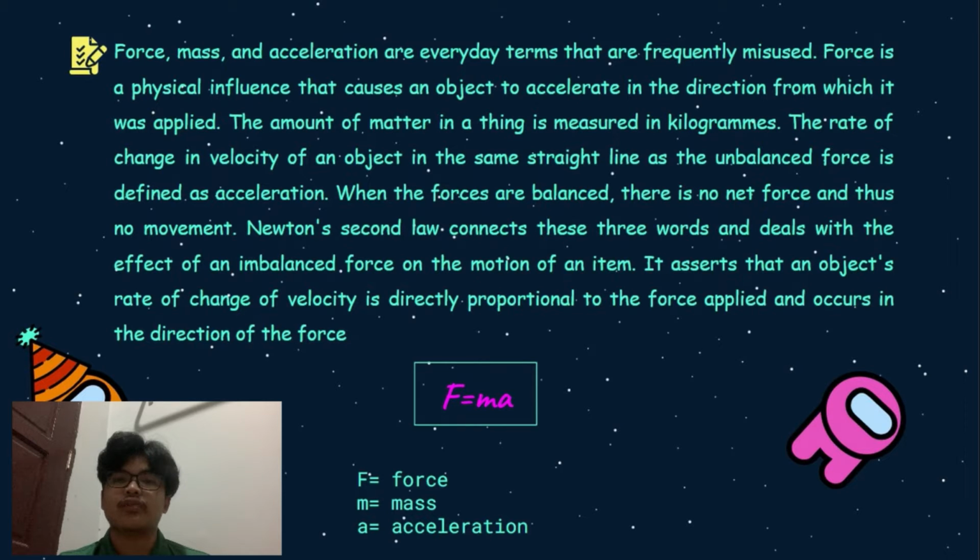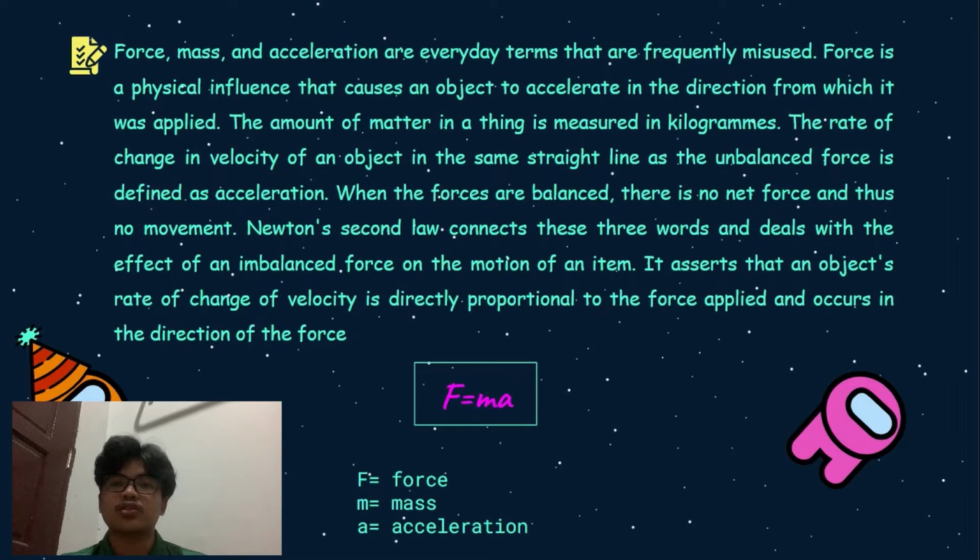The amount of matter in a thing is measured in kilograms, while the rate of change in velocity of an object in the same straight line as the unbalanced force is defined as acceleration. When the forces are balanced, there is no net force and thus no movement.